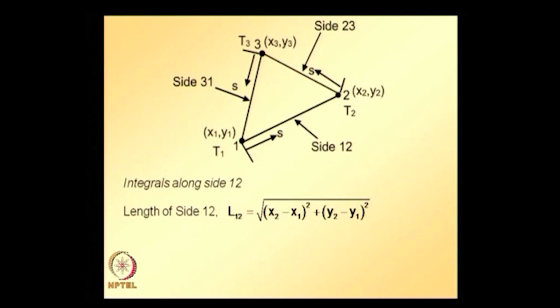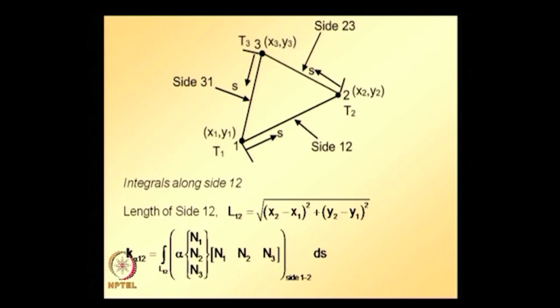With the coordinates of node 1 and node 2, we can calculate the length of side 1 2. Then integral k alpha along side 1 2 becomes this, integral evaluated along side 1 2, where the value of alpha is going to come from the natural boundary condition, alpha times the n1 n2 n3 vector and the n1 n2 n3 vector, and we are going to get a 3 by 3 matrix here, and we need to evaluate this integral over side 1 2.